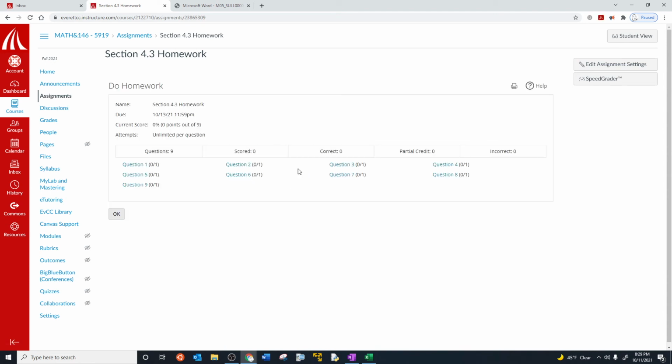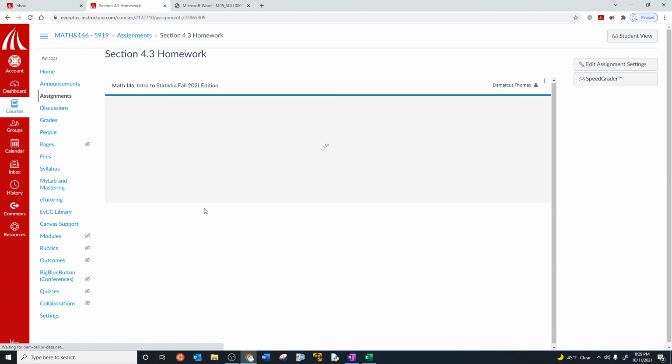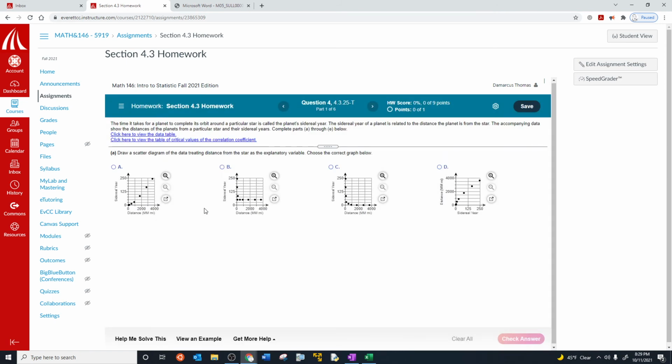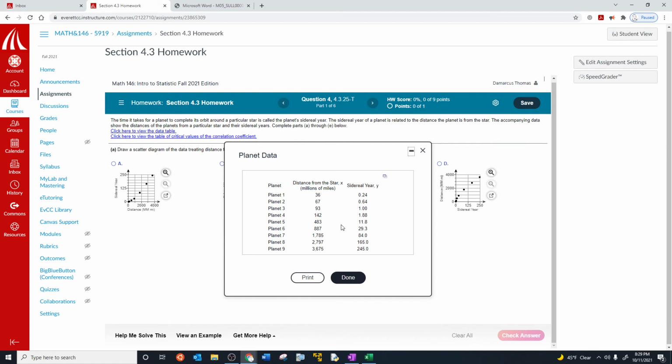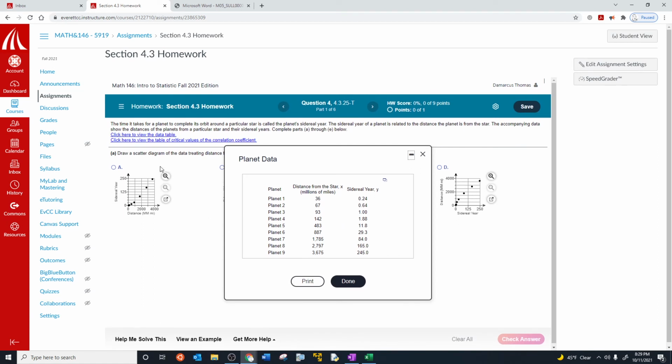Let's look at problem 4 and 5. They want you to draw a scatter plot based on the data and then answer a bunch of questions.